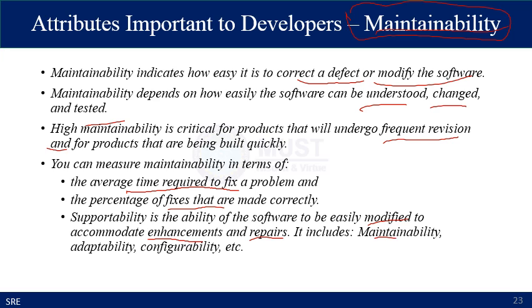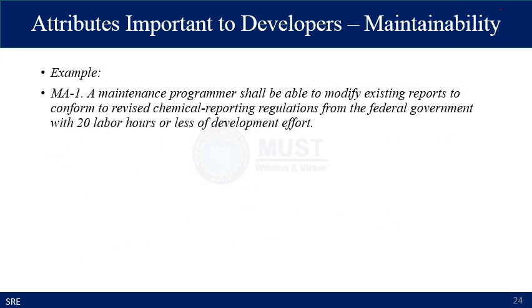It includes maintainability, adaptability, configurability. So an example is done here: a maintenance programmer shall be able to modify the existing reports to conform to the revised chemical reporting regulations from the federal government with 20 labor hours or less development effort.